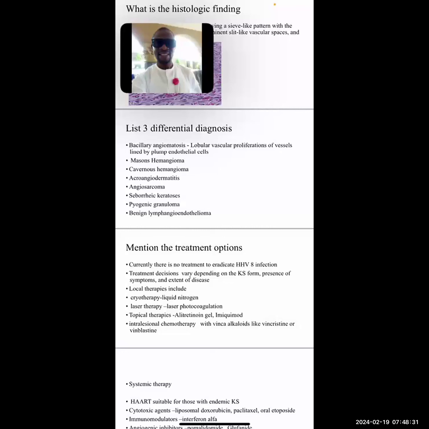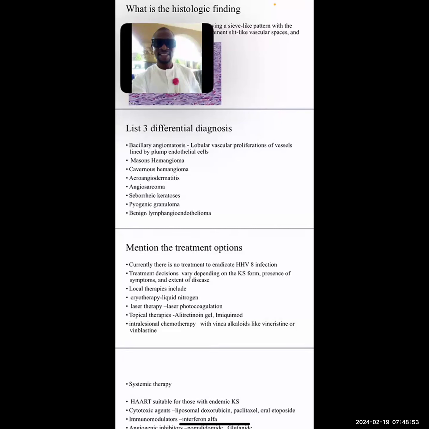The first one is the patch stage, where the lesions are described as flat. They are not raised above the surrounding skin. Then the next stage is the plaque stage, where the lesions are flat but slightly raised. Then the next stage is the nodule stage, where at this point in time, they have turned into bumps on the skin, and they are now known as nodules.